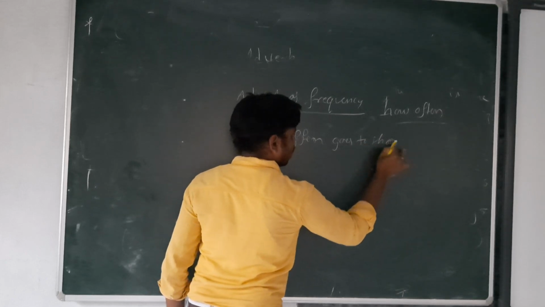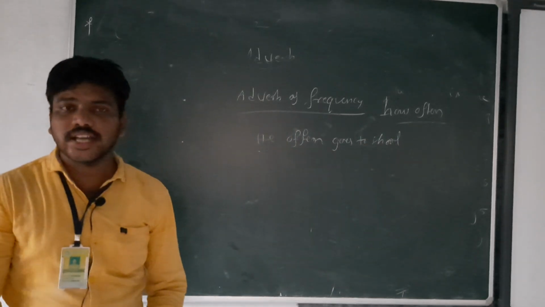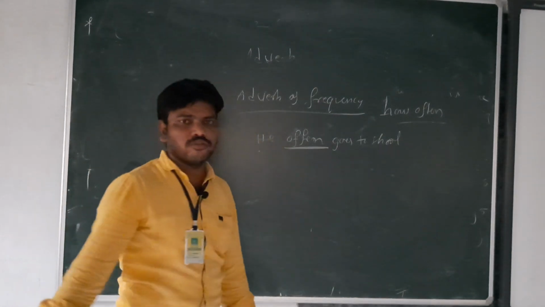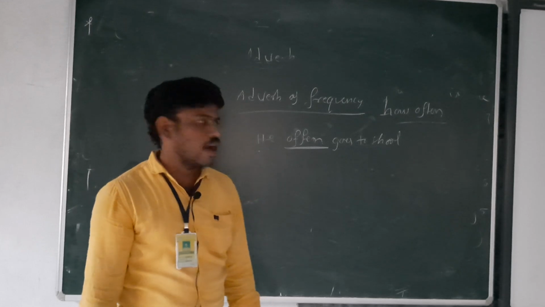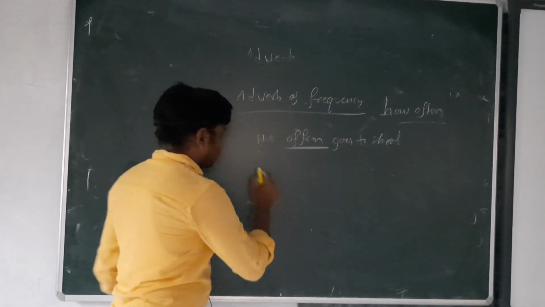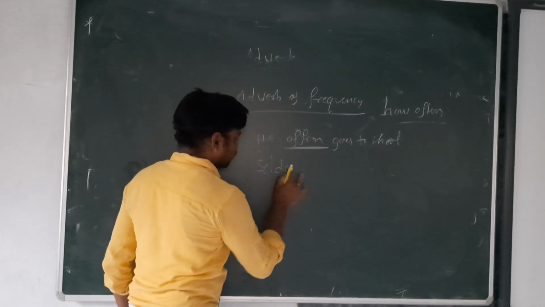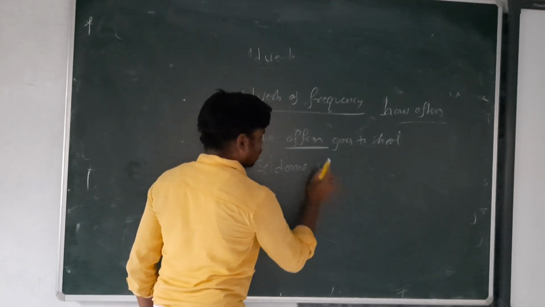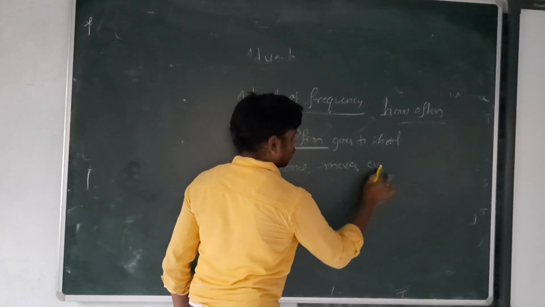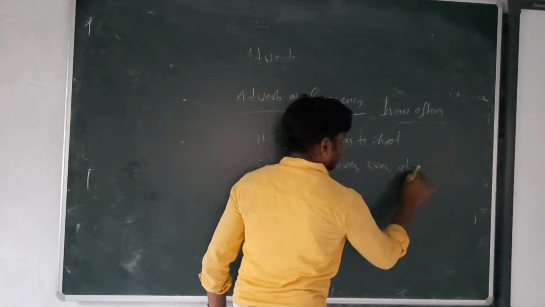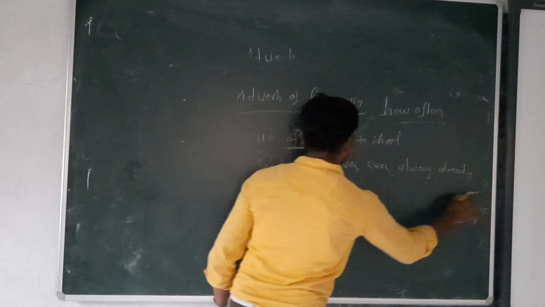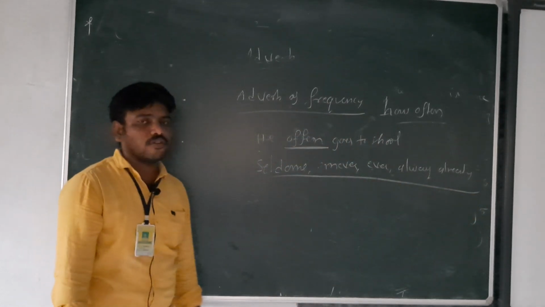In this sentence, what is the adverb? Often is an adverb. So he often goes to school. It is how often, and certain examples are seldom, never, ever, always, already, etc. These are examples of adverb of frequency.